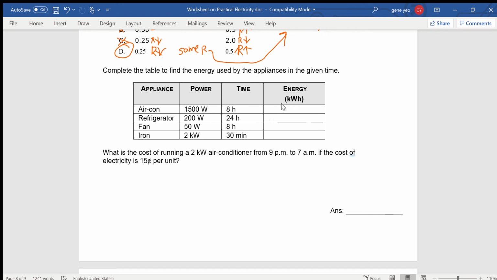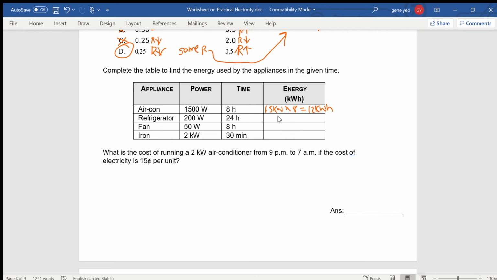So this is 1.5 kilowatt times 8 hours, and this will give me an answer of 12 kilowatt hour. Okay, so now pause the video, work out the rest yourself, and then when you unpause it, I should be giving you the answers.